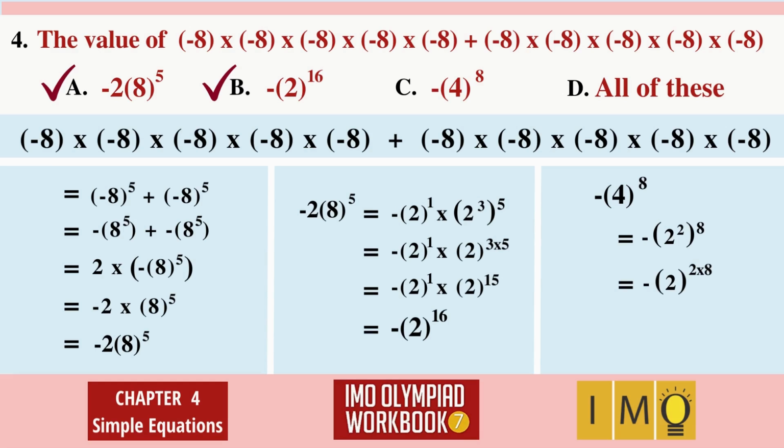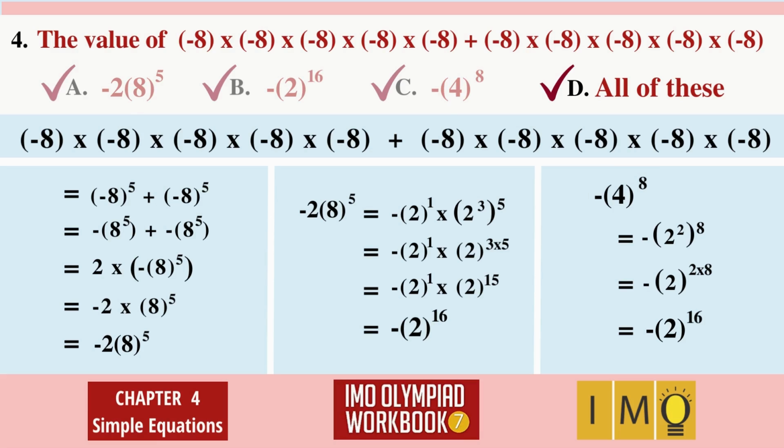This again is minus of 2 to the power of 2 into 8, which is minus 2 to the power of 16. This is the same as option B, which is correct. So that means all the three options A, B and C are right. So the correct answer is option D.